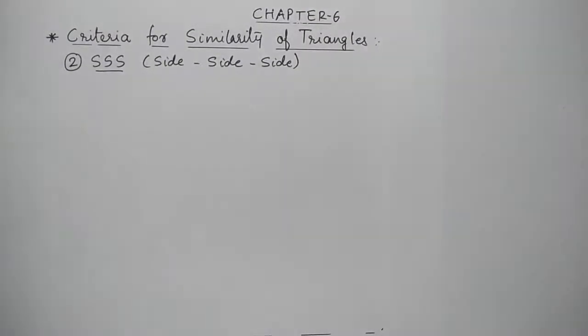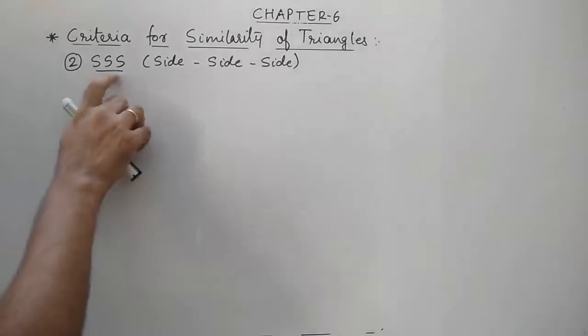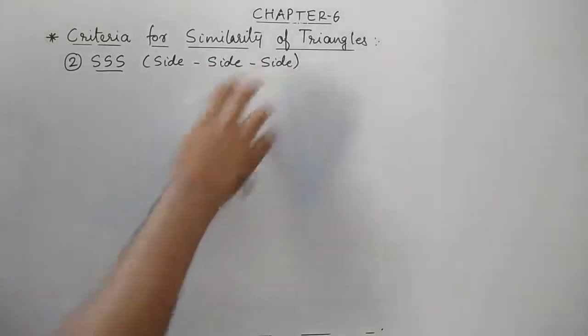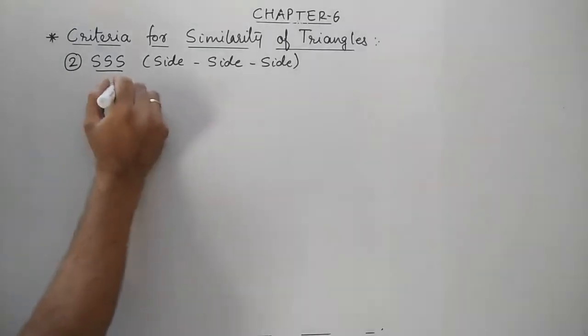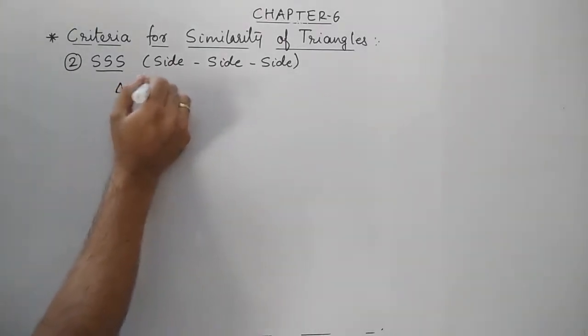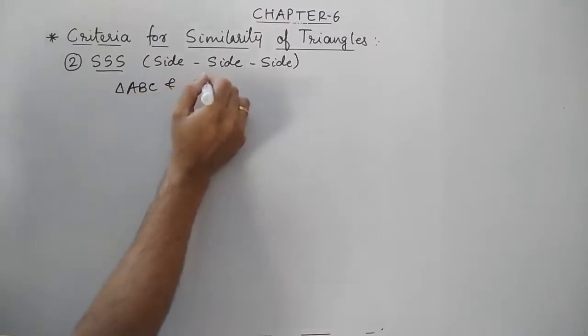Let's move towards the next criteria, second, that is SSS, that is side and side. That means if in two triangles, suppose the sides of one triangle, कोई भी एक triangle के sides है, if again we take two triangles, that is ABC and triangle DEF or PQR.